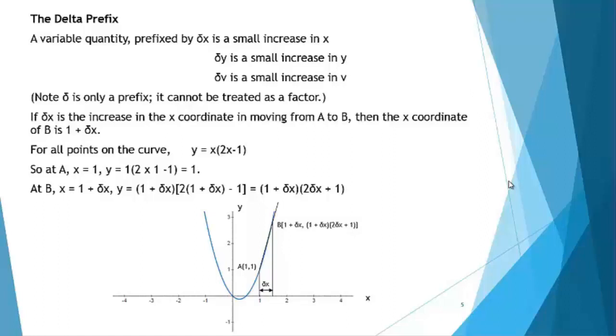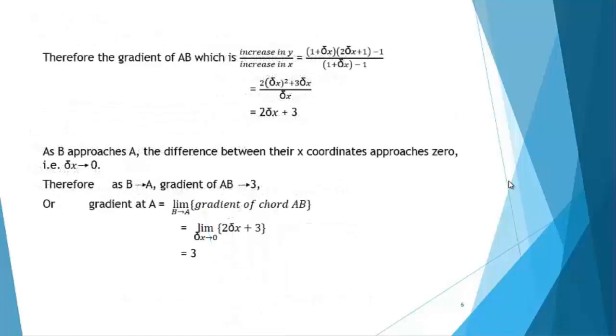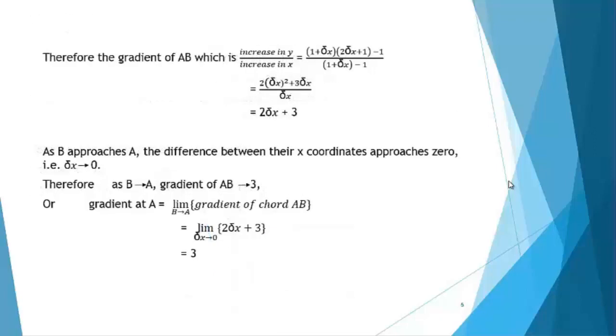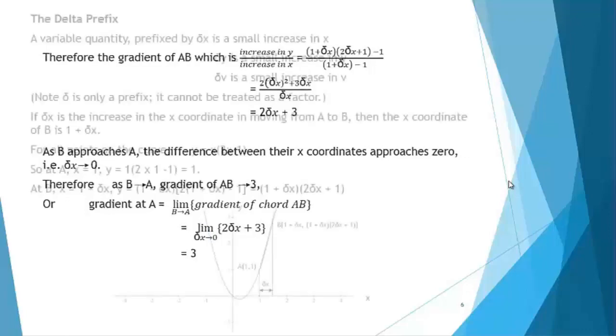So if you look at the graph of y equals x bracket 2x take away 1, a and b are marked on the graph, and the gradient of the chord AB is what we need to find out. The gradient of chord AB is the increase in y over the increase in x. To find the increase in y, we take away the y coordinate of a from the y coordinate of b, which is 1 plus delta x bracket 2 delta x plus 1 take away 1.